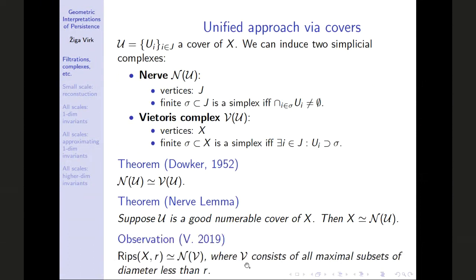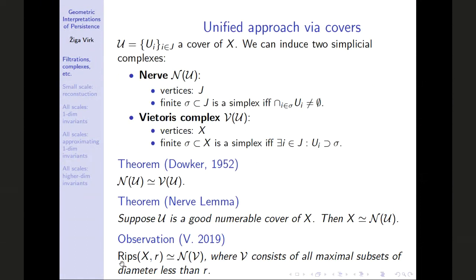So if you have a cover consisting of all maximal subsets of diameter less than r, or let's say all open subsets of diameter r, depending on some technicalities, then the Vietoris complex of this cover is actually the Rips complex. And if you want a connection to the nerve, well, it's homotopy equivalent to the nerve of this same cover just by the Dowker theorem.